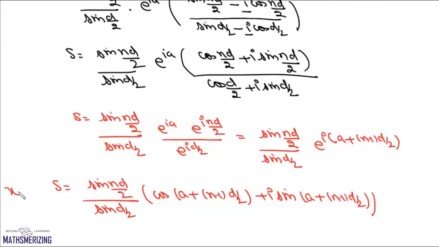Now this S is x plus iota y. So its real part is x and its imaginary part is y.